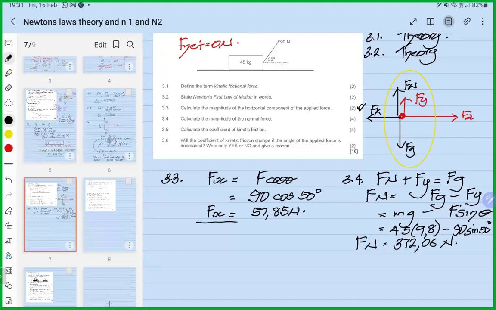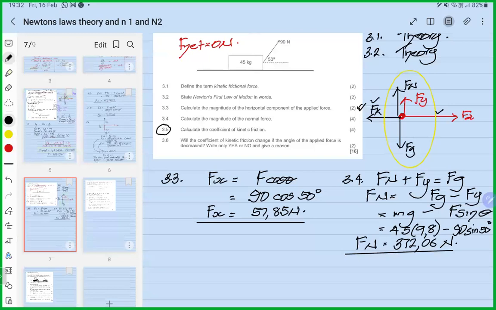So we got our Fx here, and we got our Fn here, which means the next question should be to calculate the coefficient, exactly what I predicted. Why would it be the coefficient? Look, on this diagram, it's supposed to be drawn accurately, but it's not drawn very accurately. Your x component of the applied force is going to equal your kinetic friction here.